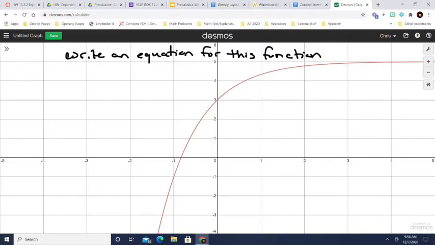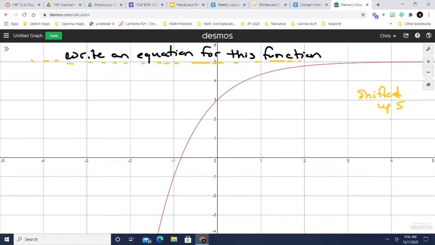Now, what I know about exponential functions is that they always have the x-axis as their asymptote unless they've been modified, which indeed this one has been, because if you look at where the horizontal asymptote is, it looks to me like it was shifted up 5.